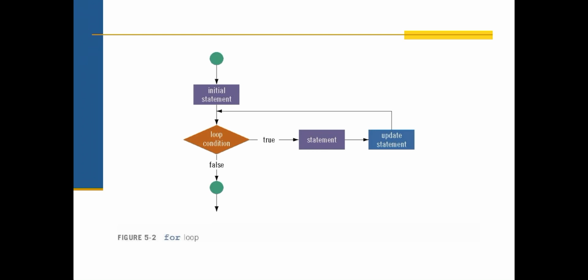So you take this flowchart, so the initial statement, then you move to the loop condition, whereby the condition can be true or false.